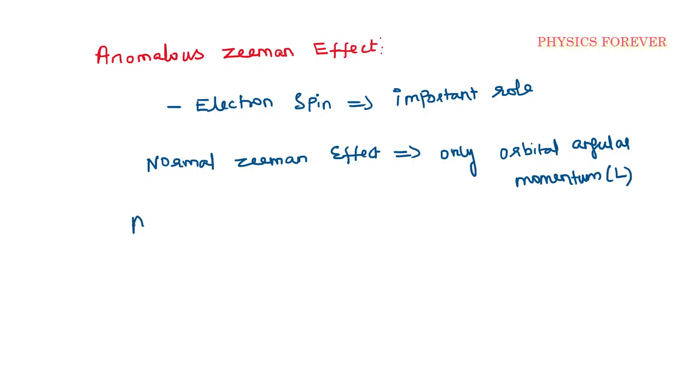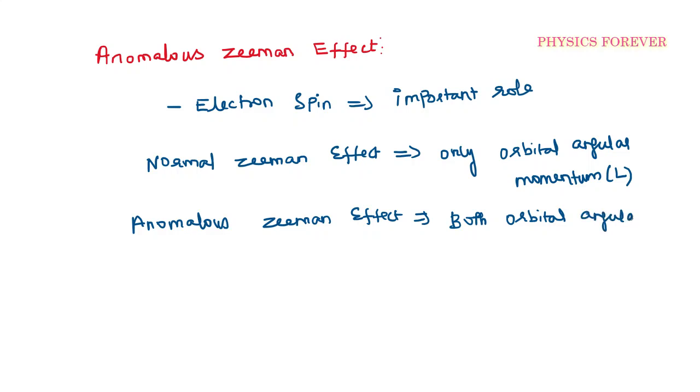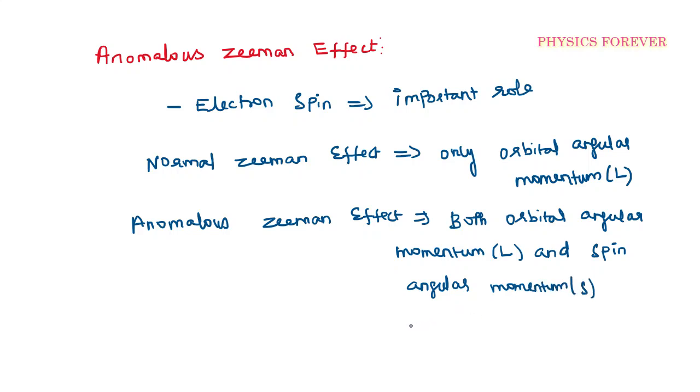But in the anomalous Zeeman effect, both orbital angular momentum L and spin angular momentum are present together.